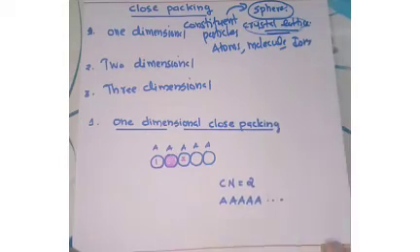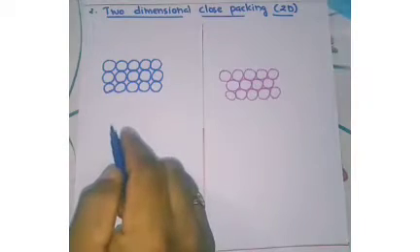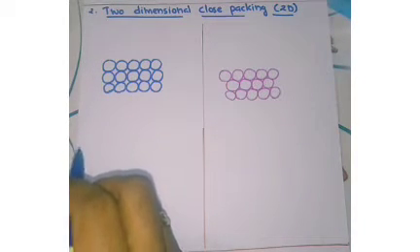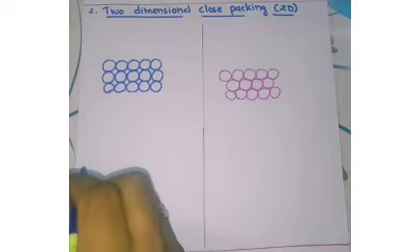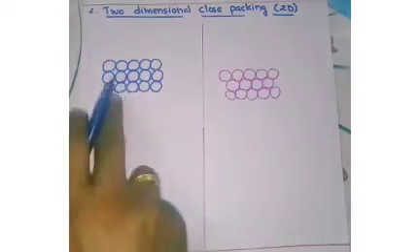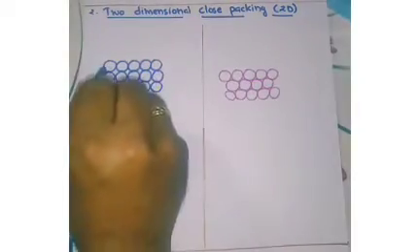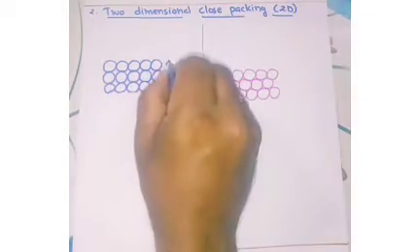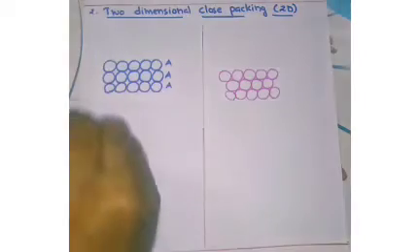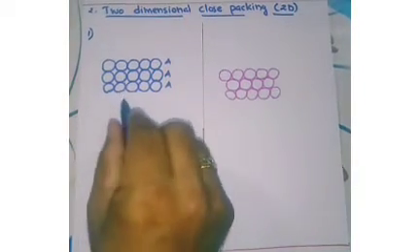Then second one, two-dimensional close packing. In two-dimensional close packing, spheres are arranged in two planes, horizontal and vertical, like this. Now what is the difference between these two arrangements? First one, this is the first row A, then second one also A. That means two-dimensional close packing is classified into two types.